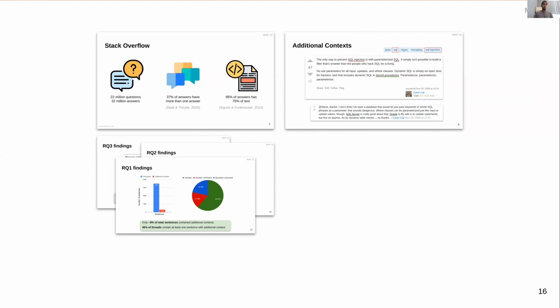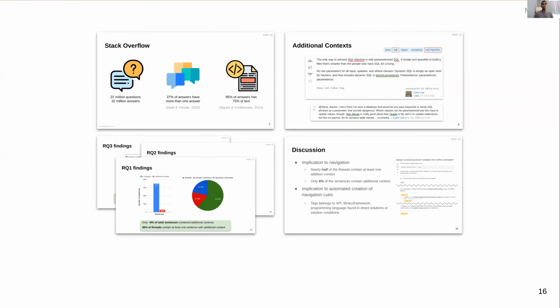And also most of the time they indicate a solution or solution condition. Therefore, if we were to create navigational cues based on those categories, we should be able to create it without creating a huge clutter in a Stack Overflow thread.